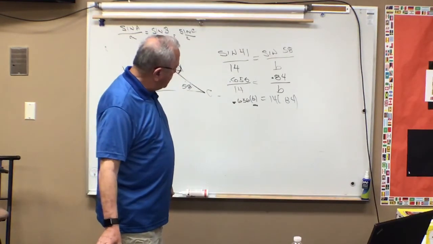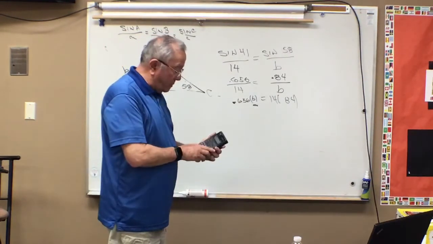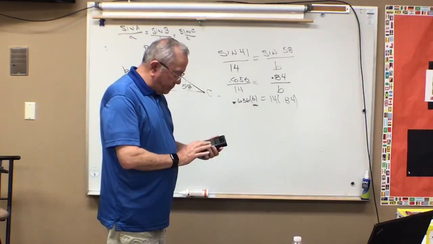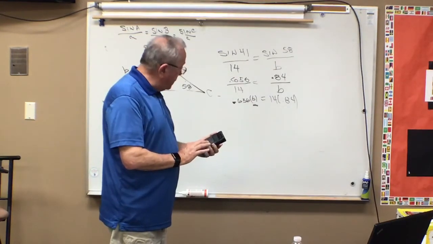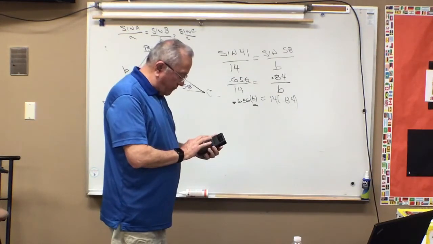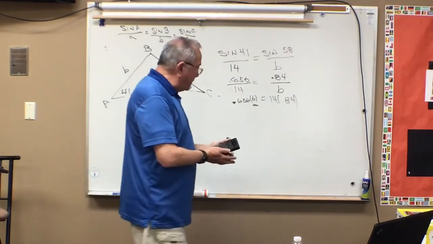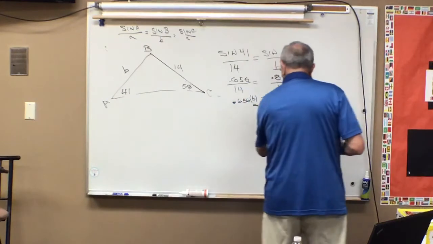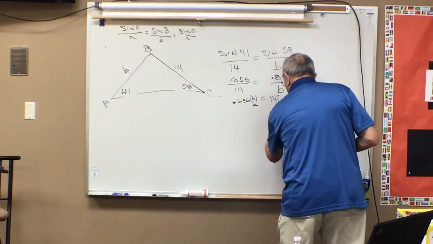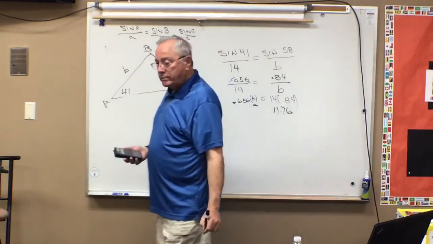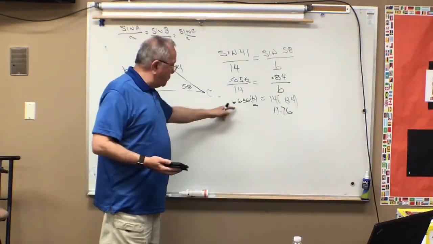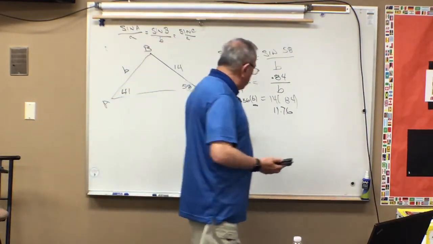So 14 times 0.84 is going to be about 12, I bet. 14 times 0.84 is 11.76. So this is 11.76. Now I need to divide both sides by what? Need to divide both sides by 0.656.